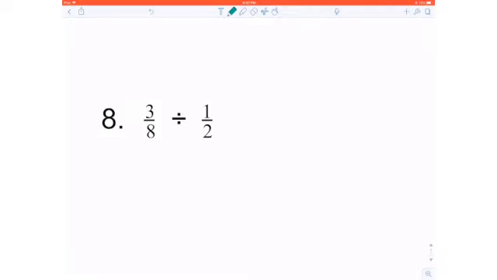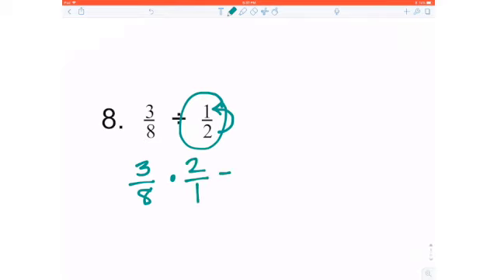Here we go. I'm going to go over the question with you. So like I said, when we're dividing with fractions, we take the second one and we flip it. So we multiply by the reciprocal. So this becomes 3/8 times 2 over 1. 3 times 2 is 6. 8 times 1 is 8.